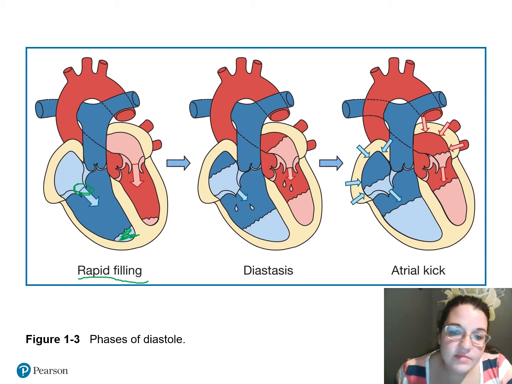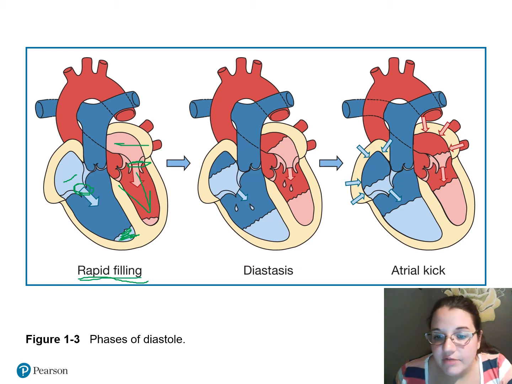And simultaneous means it happens to both sides. So while this side is deoxygenated blood on my right, the left side is also filling up here, pushing your mitral bicuspid valve to open and pour into rapid filling.